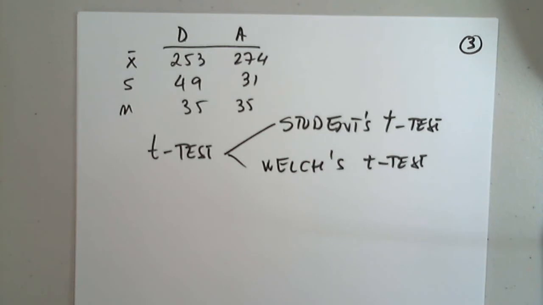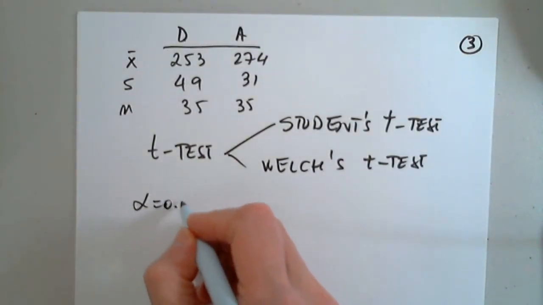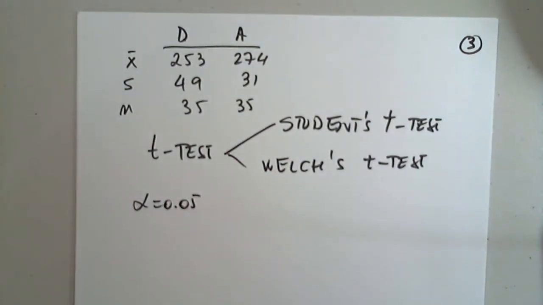Do individuals walk at different speeds depending on whether they are departing or arriving? At alpha 0.05, that's our significance level. Let mu1 represent the mean speed of people departing, and mu2 represent the mean speed of people arriving. State a null and the alternative.